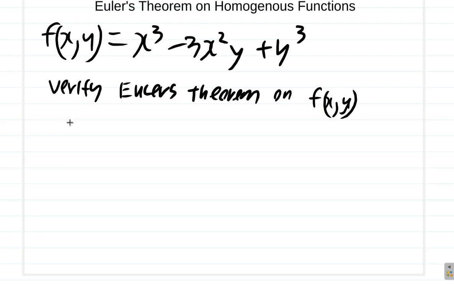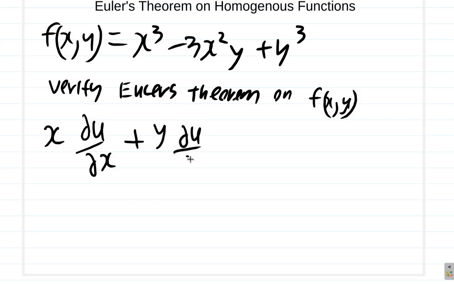What was this Euler's theorem business all about again? It says x delta u by delta x plus y delta u by delta y is equal to n u. Remember, u is a function. The function is u.